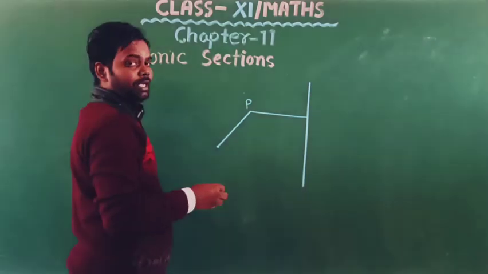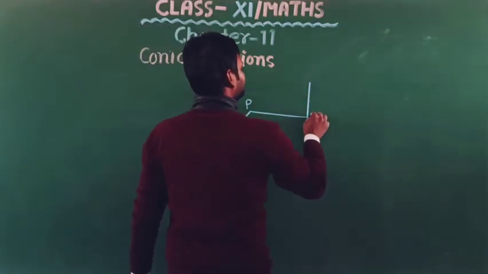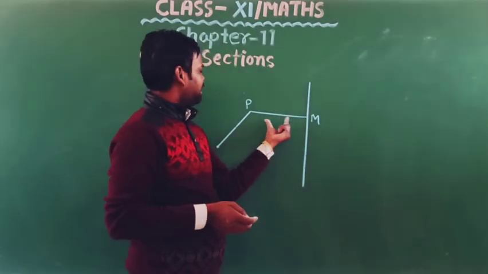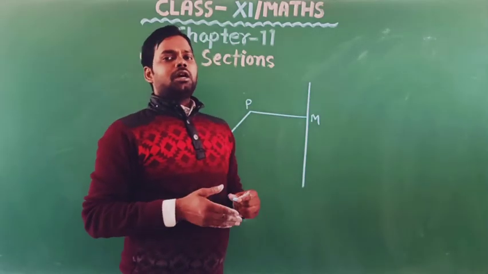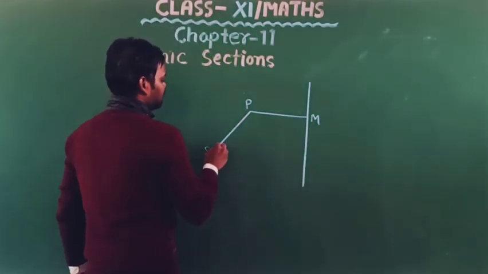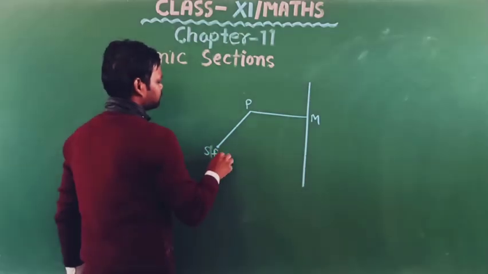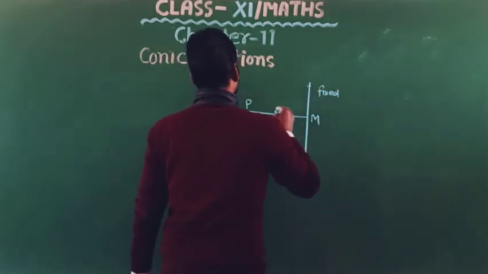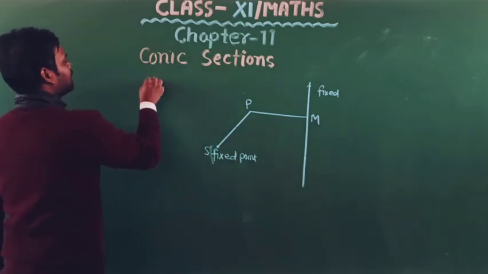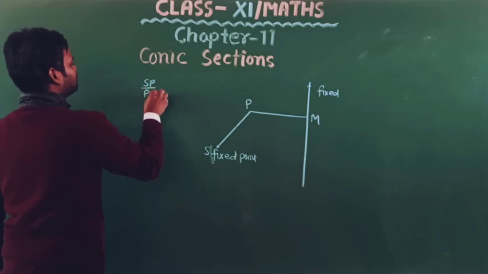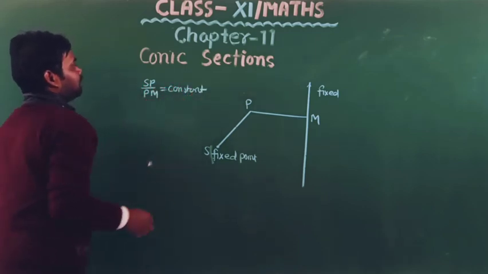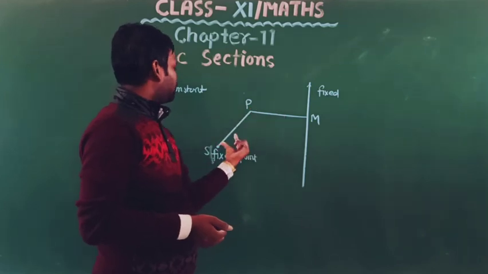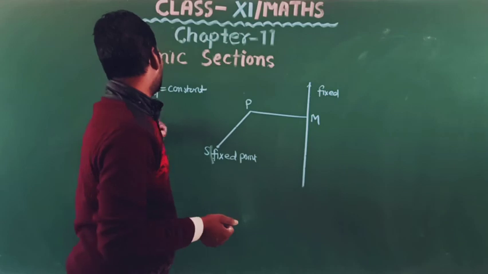Suppose this is the fixed point F and this is the fixed line. So the ratio SP upon PM is a constant.